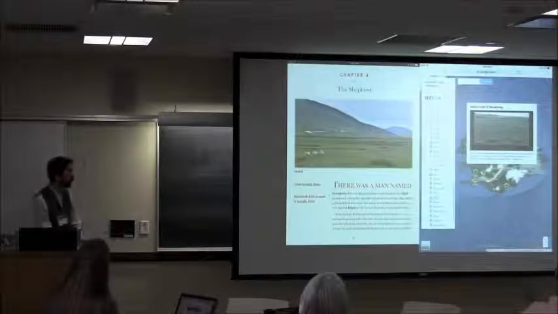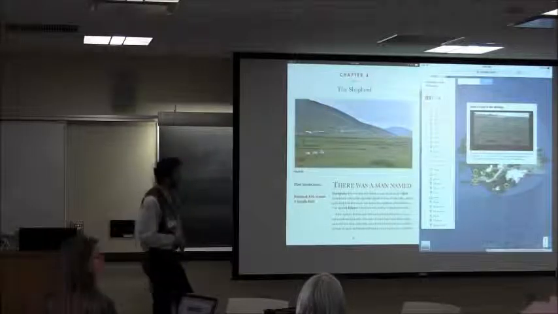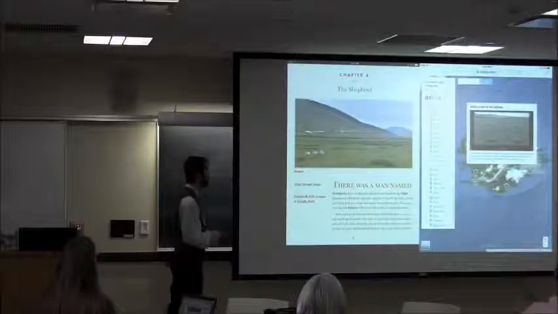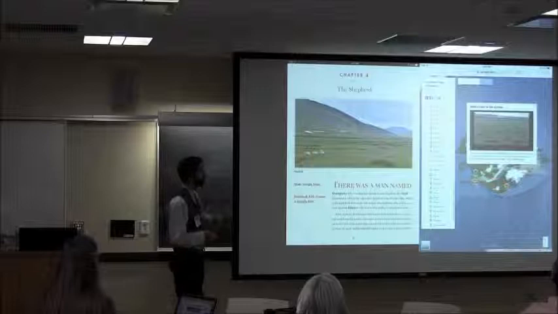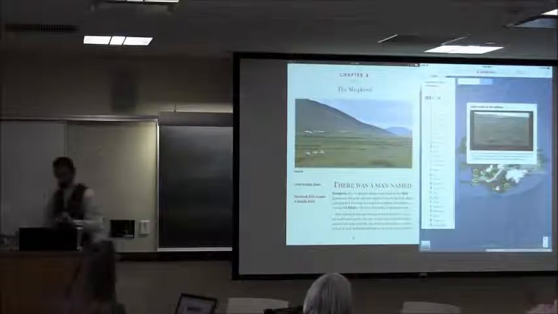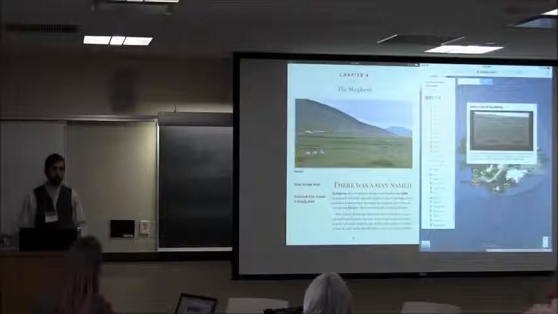So if you're reading in the text and you see that there was a man named Thorbjorn, he was Bjarni's brother and lived at Hol, then you can find Hol in the index, click on it, and it will snap you straight to it. So not exactly what we wanted, but still functional nonetheless.